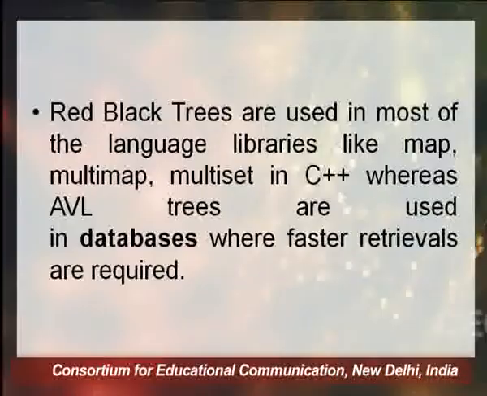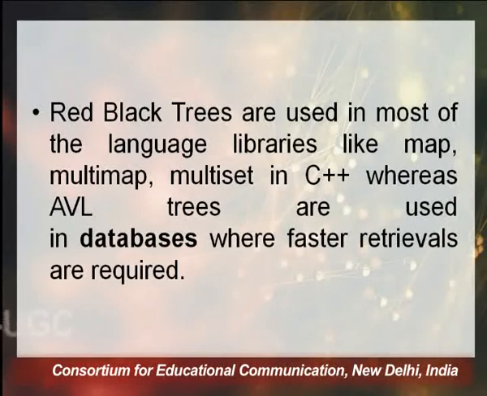So the storage requirement of AVL trees is somewhat more than that of red black trees. Then, coming to usage, as I have told you, AVL trees are mostly used in in-memory sets or dictionaries and lookup-intensive applications, while red black trees are used in most language libraries.